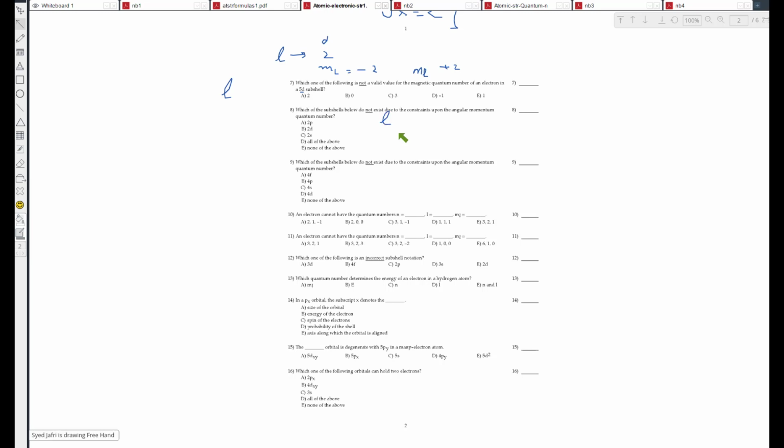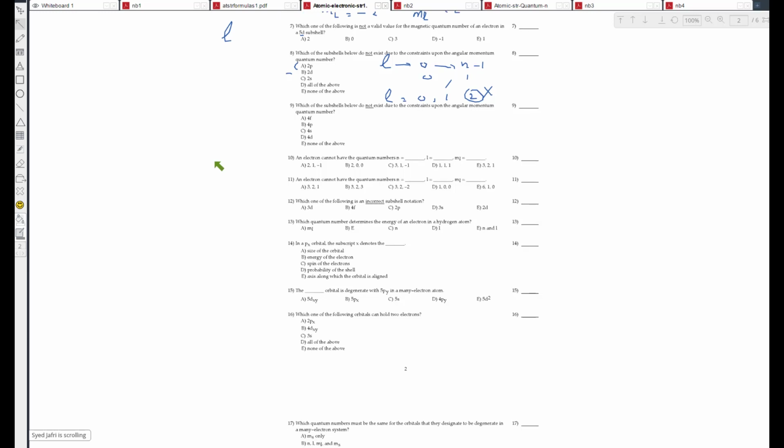The L value is always 0 up to n minus 1. For the second shell, 2 minus 1 is 1, so 0 and 1 are possible. 0 is s, 1 is p. I don't see a d orbital, because for d we need 2 and I don't have 2 here. So it's 2d. Am I right? You're right.